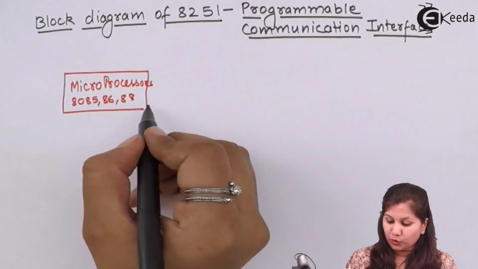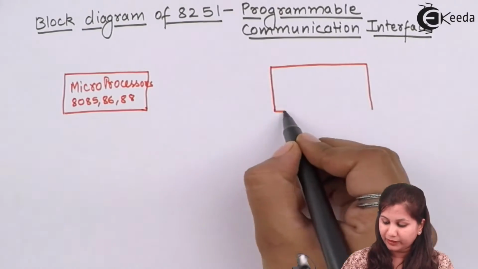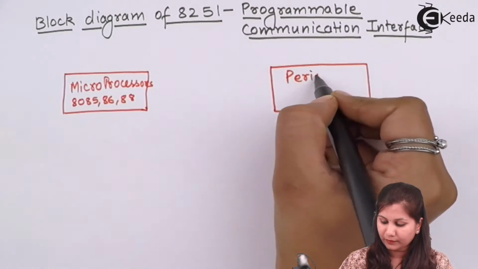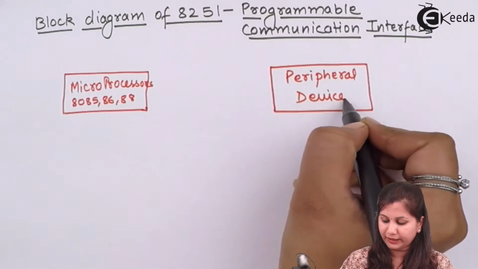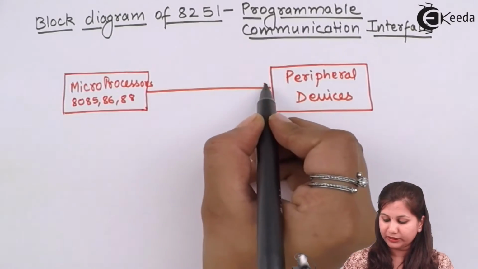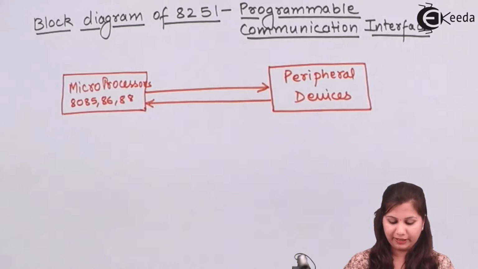So microprocessors, when they are communicating with the peripheral devices or any type of devices, have to transfer the data and also have to receive the data from the peripheral devices.